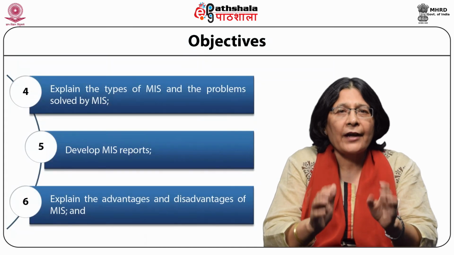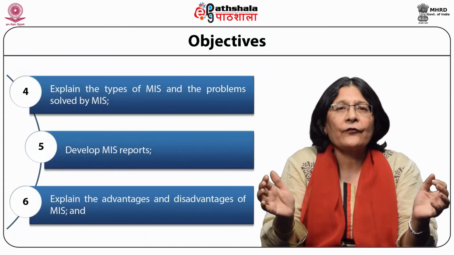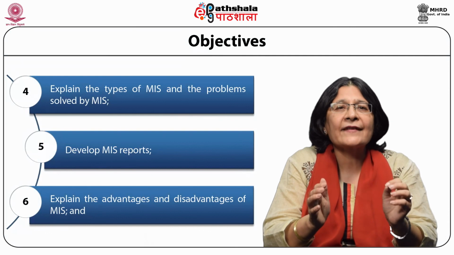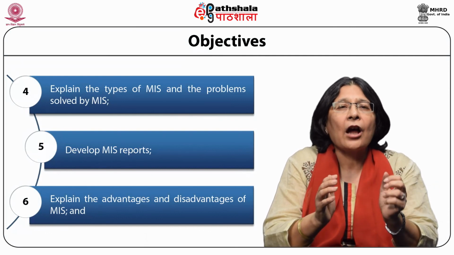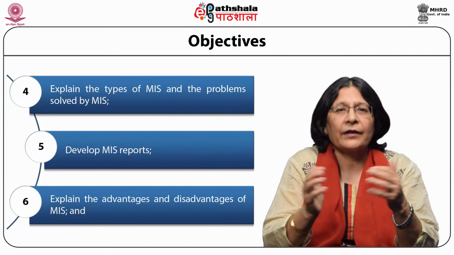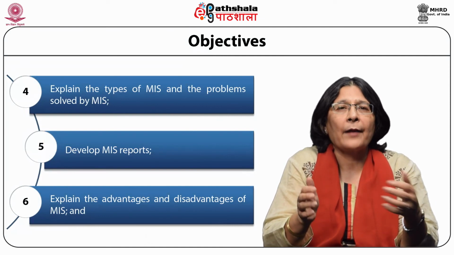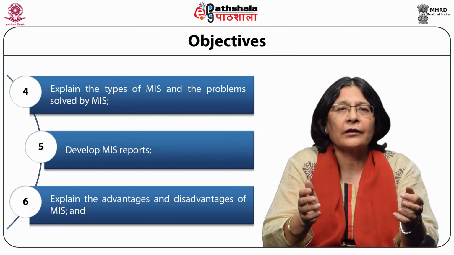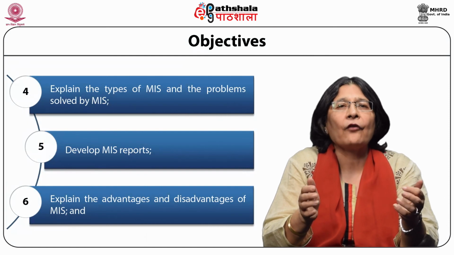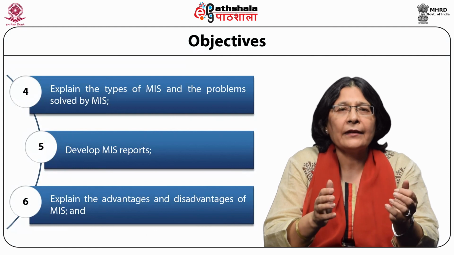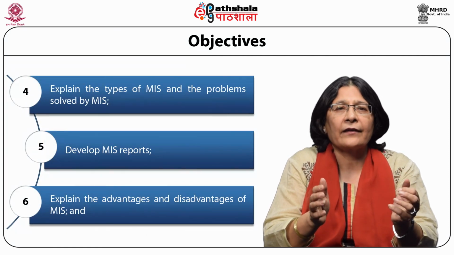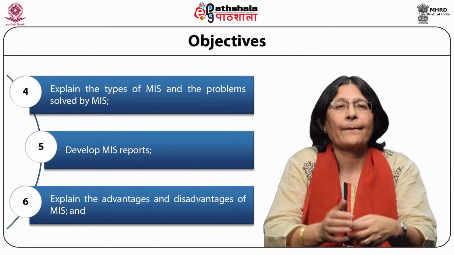Then we will try to explain the types of MIS and the problems solved by MIS. We will also see how MIS reports can be developed for the MIS managers or for the planners and decision makers of an organization. And lastly, we will explain the advantages and disadvantages of MIS.